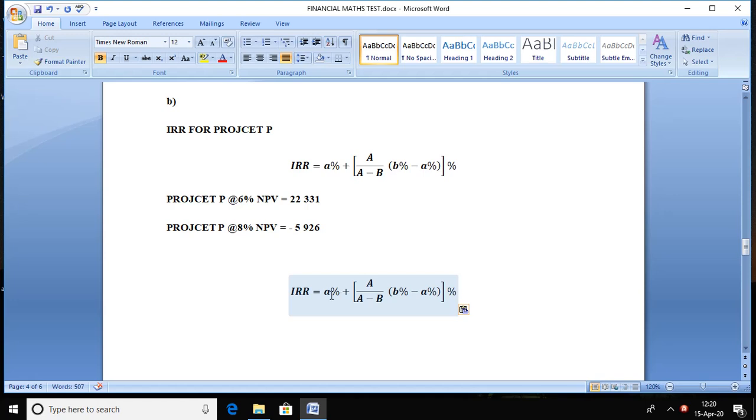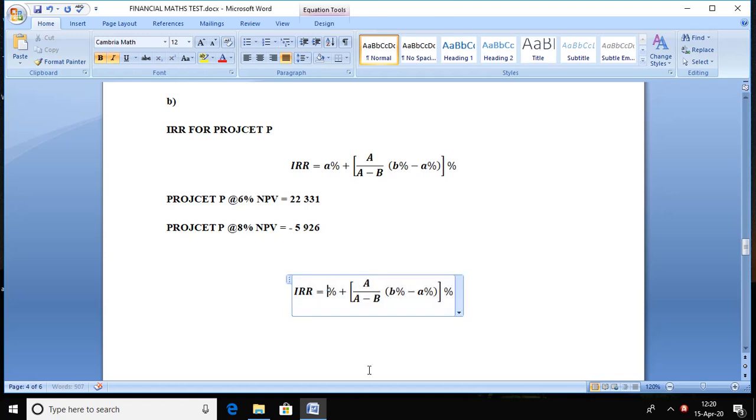The rate that is giving us a positive NPV is 6%, and the NPV we are having from 6% is 22331.